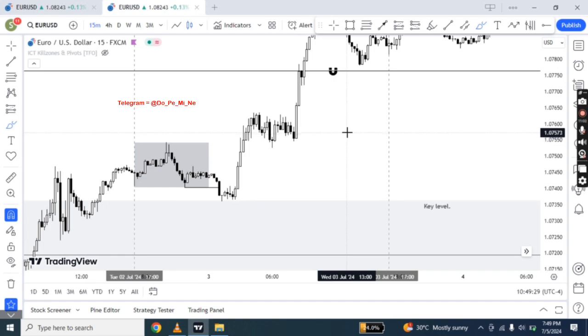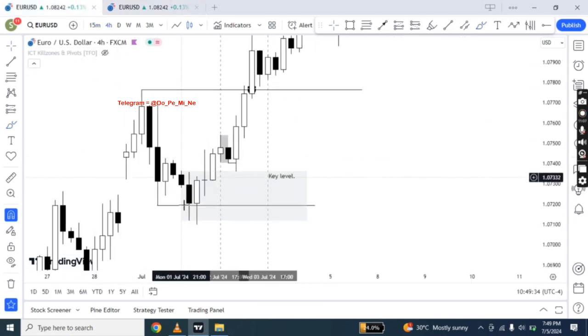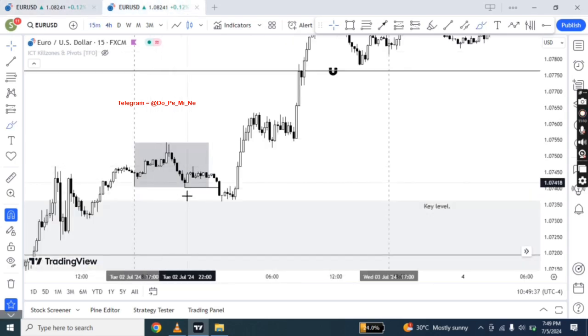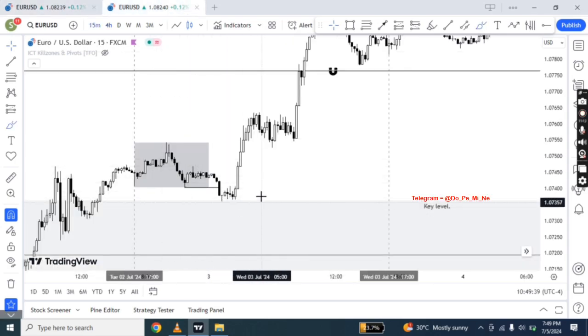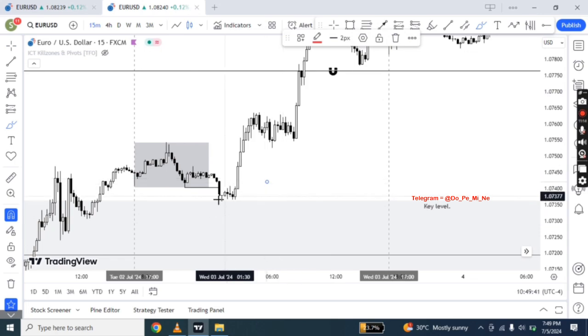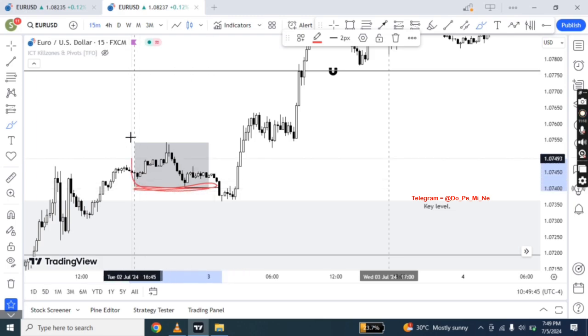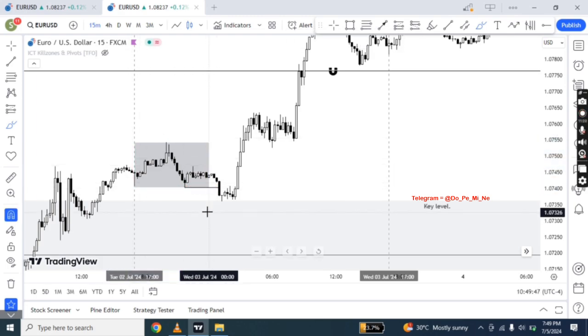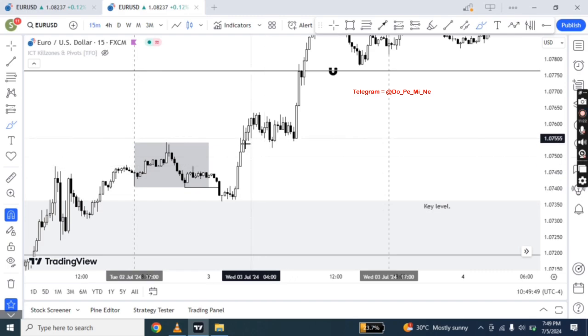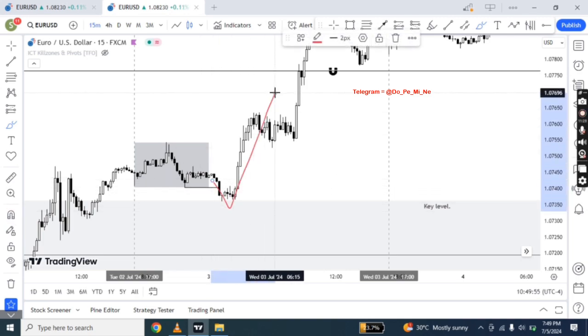But again, that's not a problem for us, because we did our higher time frame analysis and we drew this key level on the 4-hour time frame in the form of an order block. And on the lower time frame, we can see that price didn't test that key level, right, and formed the range just above that. So using the same logic over again, right, we know that if price is going to expand higher, first it has to test a key level, right?